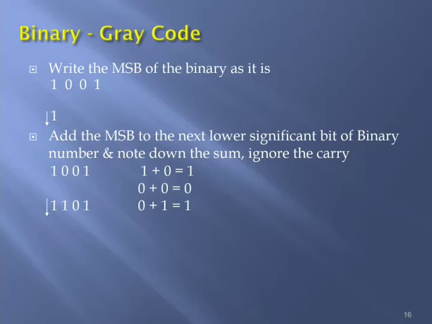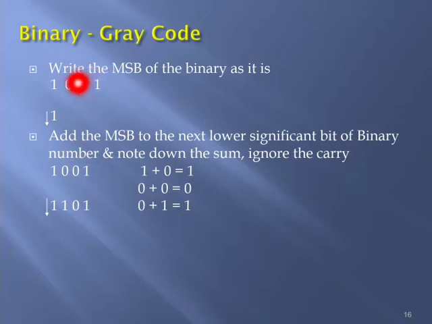Again the same procedure. For 1001, replace the MSB as it is, and for getting the other bits, you add the subsequent bits. Adding the MSB with the next lower significant bit, that means 1 plus 0, the result is 1, which you append here. For the next bits, 0 plus 0, you place 0.